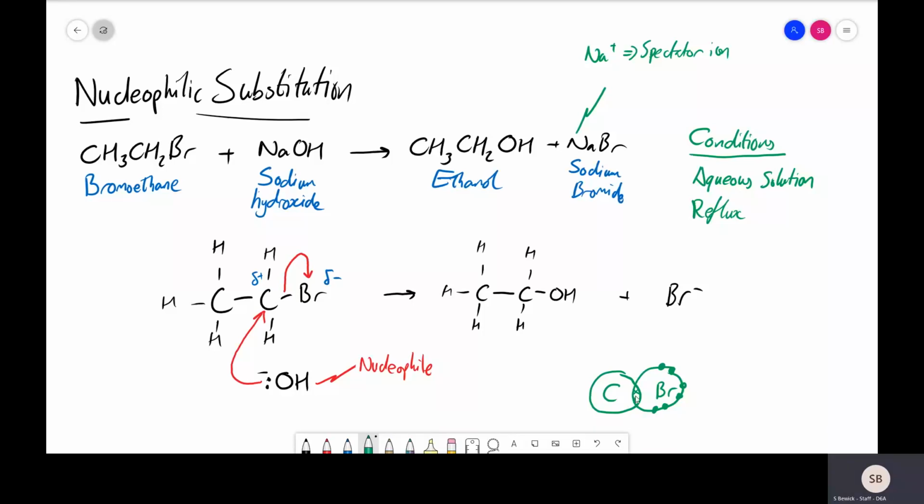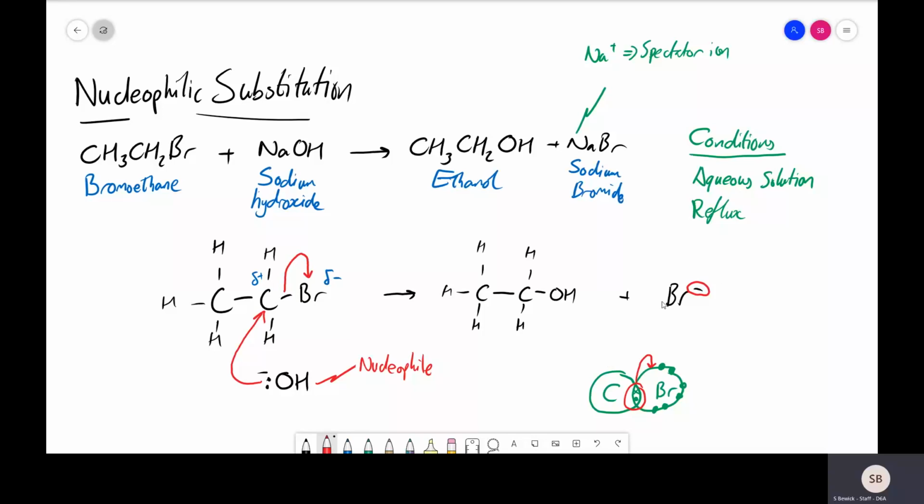So even though both of those electrons in the covalent bond went back to the bromine, originally one of the electrons already belonged to the bromine. So really the bromine has only gained 1 electron that it didn't have originally, and that's why it only has a 1 minus charge, but both of the electrons went to the bromine.